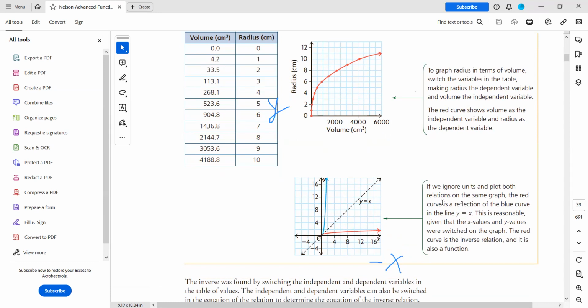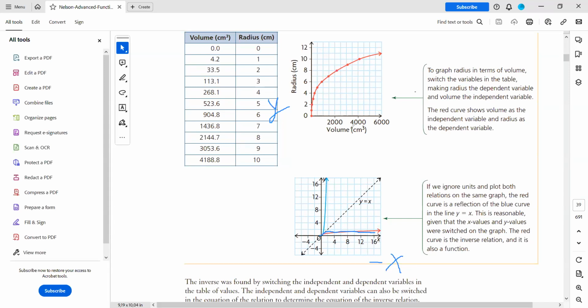The red curve is a reflection of the blue curve in the line y equals x. The y equals x line crosses between the two coordinate axes at a 45-degree angle. Basically, it's like a mirror for us.